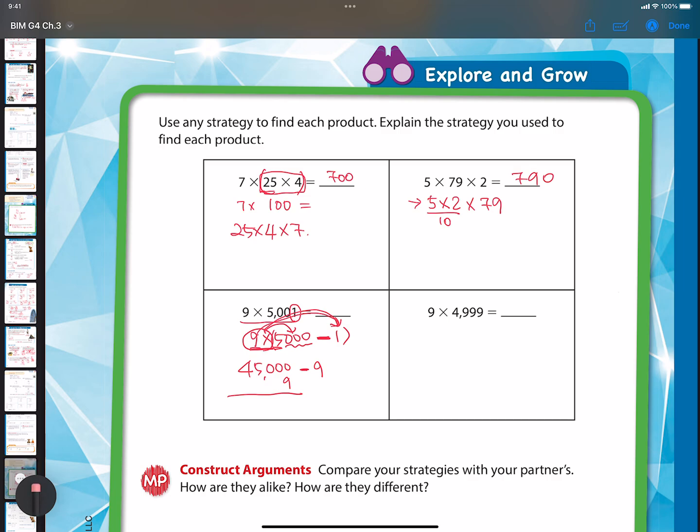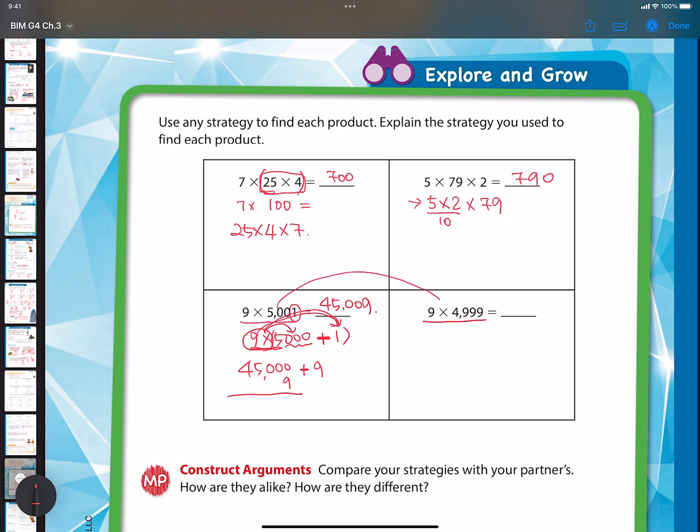This was plus. So it's not 5,000 minus 1, but it's 5,000 plus 1. So we need to add. It was easier. 45,009. Yeah, easier than I thought, right? Okay, now this is it. I think I got confused on this.